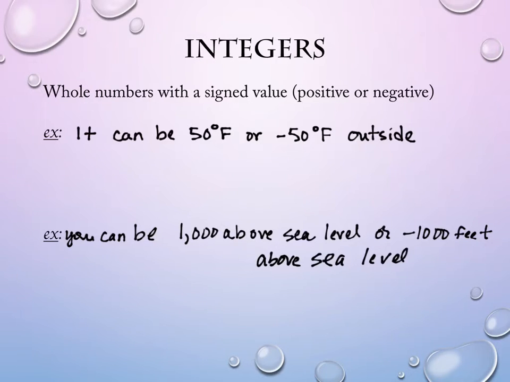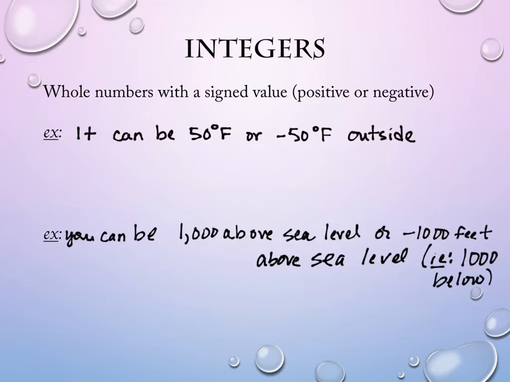Another way we talk about that one would be 1,000 feet below, right? So sea level 0, we go up, we go down. So positive numbers and negative numbers exist.